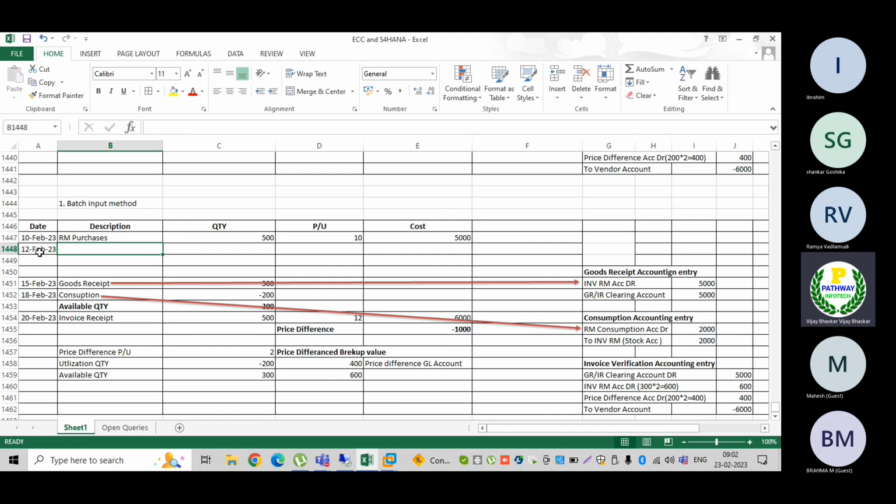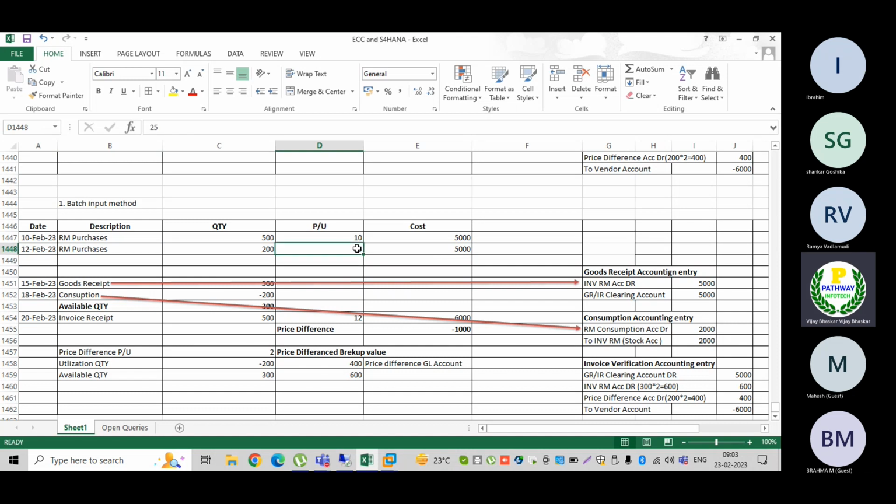The quantity we have ordered is again 200, and the cost of this order, let us assume, is 25 rupees. So the cost is 5,000 rupees here also, the cost per quantity that I have ordered.